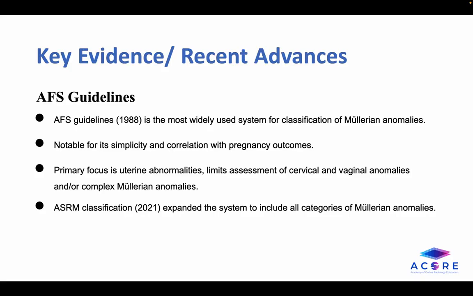To address these limitations, the American Society of Reproductive Medicine introduced an updated classification in 2021, which provides a more comprehensive framework by incorporating all components of the female reproductive tract, which allows for more accurate classification of complex anomalies.